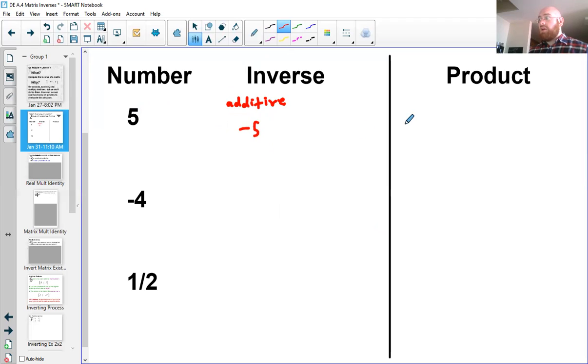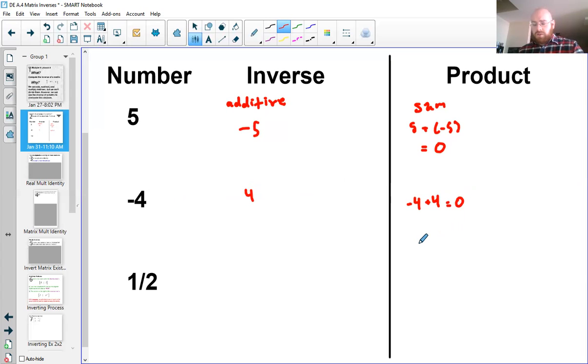And note that the sum 5 plus -5 is equal to 0. Likewise, the additive inverse of -4 is +4. And when we add -4 plus 4, we get 0.